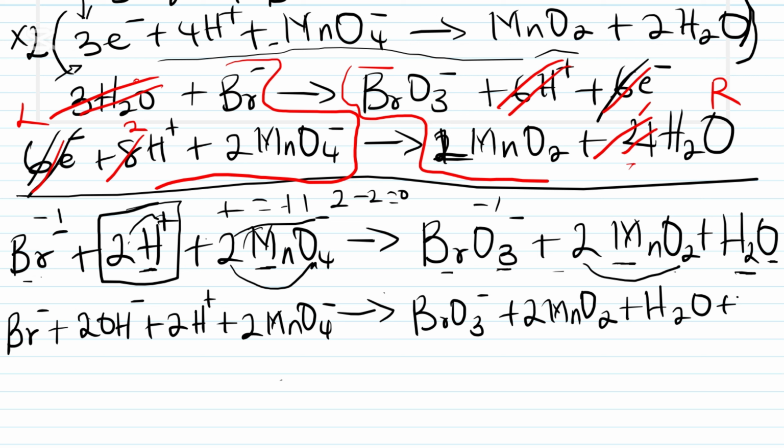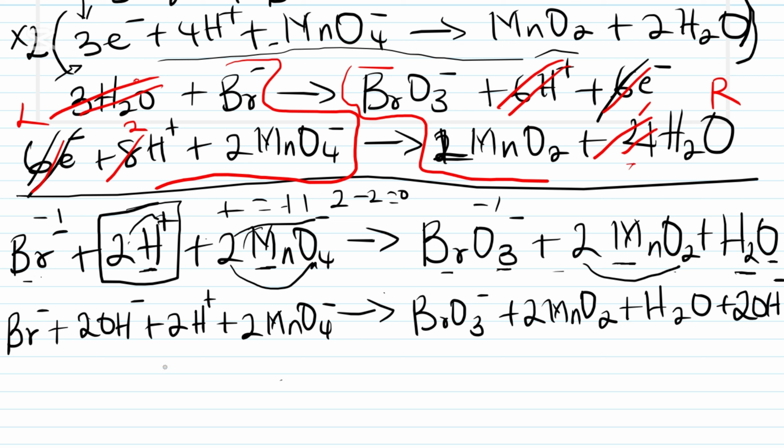You can also add it here again, 2OH minus. If you add 2OH minuses on the left, you must also add the same number of OH minuses on the right. Don't add a 2 on the left and add 1 on the right. No, you end up getting an incorrect solution.